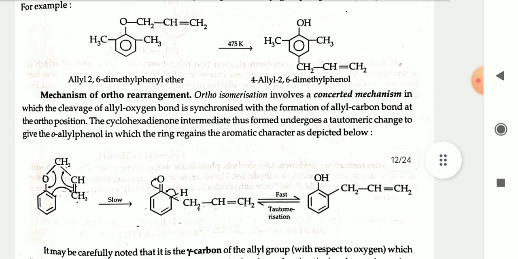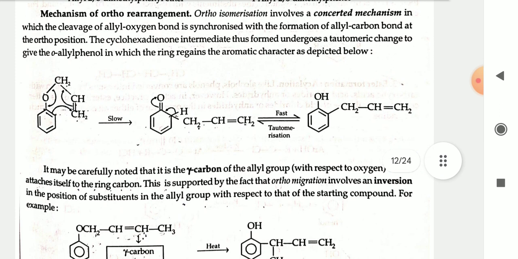Mechanism of ortho rearrangement. Ortho rearrangement involves a concerted mechanism in which the cleavage of the allyl oxygen bond is synchronized with the formation of the allyl carbon bond at the ortho position. The cyclohexadienone intermediate thus formed undergoes a tautomeric change to give o-allyl phenol, in which the ring regains its aromatic character.